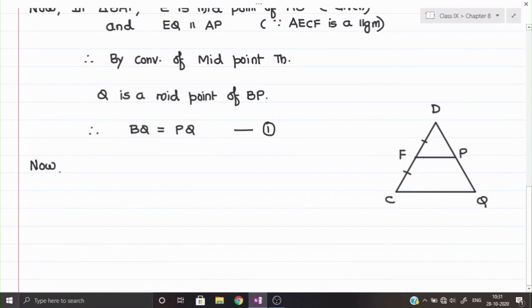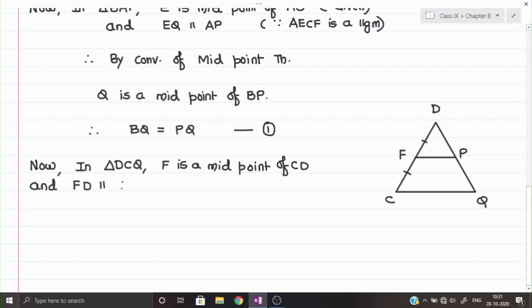Now in triangle DCQ, F is midpoint of CD, one thing, and the second thing we can write down here, FP is parallel to CQ. The reason we can give here, AECF is a parallelogram.